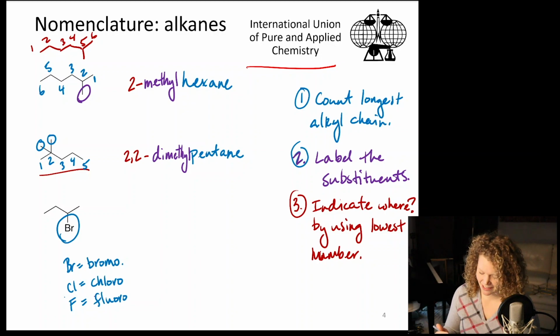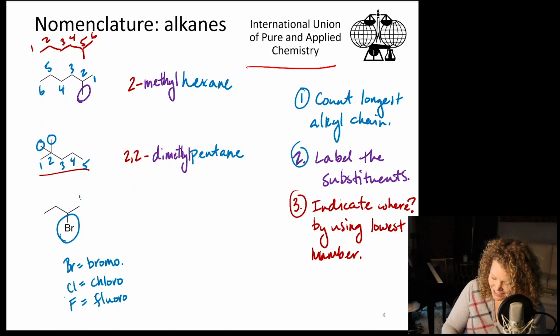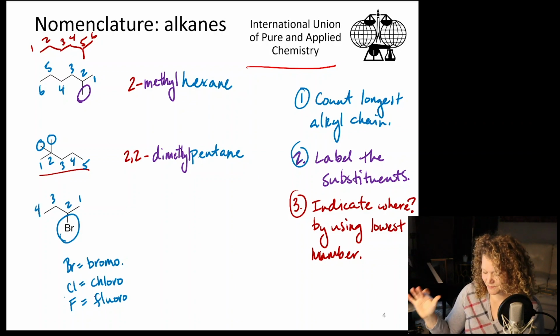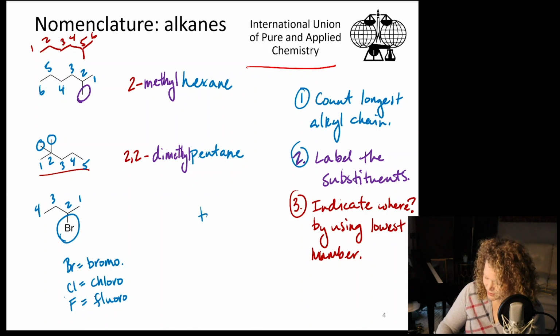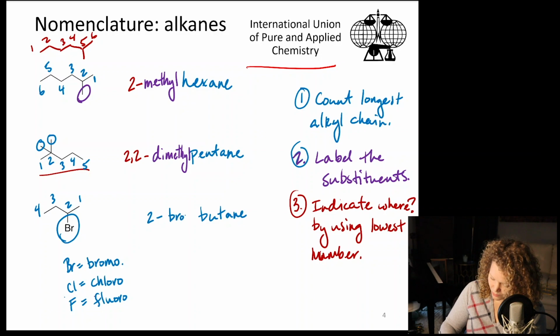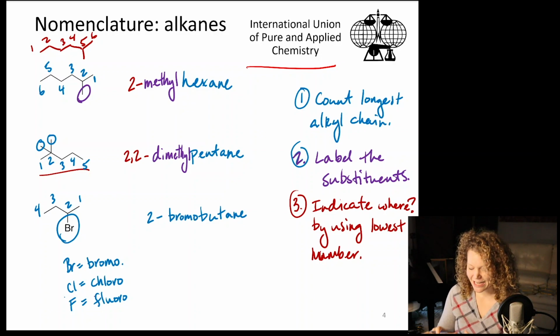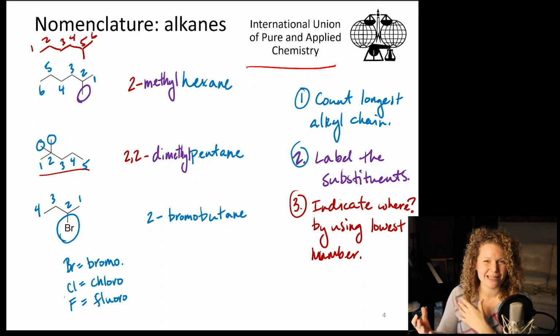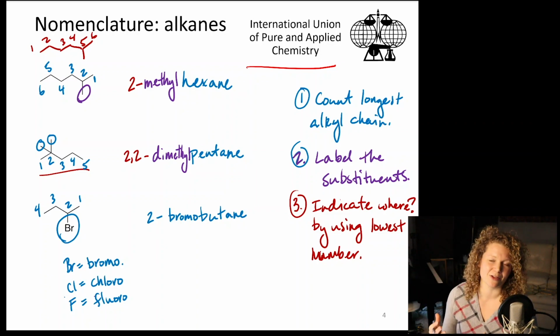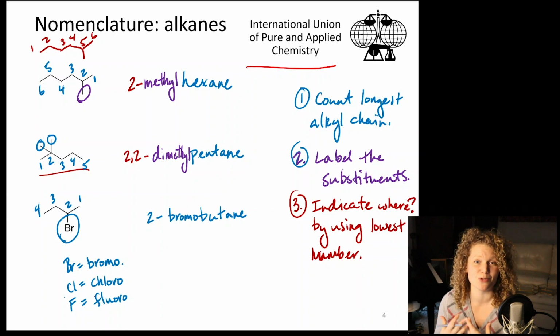Iodine, iodo, etc. So in this case, let's go ahead and label our parent alkyl chain. We've got 4 carbons. That would be butane. And then our bromo group here is on the 2 position. So this is going to be 2-bromo butane. Pretty simple. The key of knowing this is so that way you can understand and communicate to others what organic compound you are looking at.